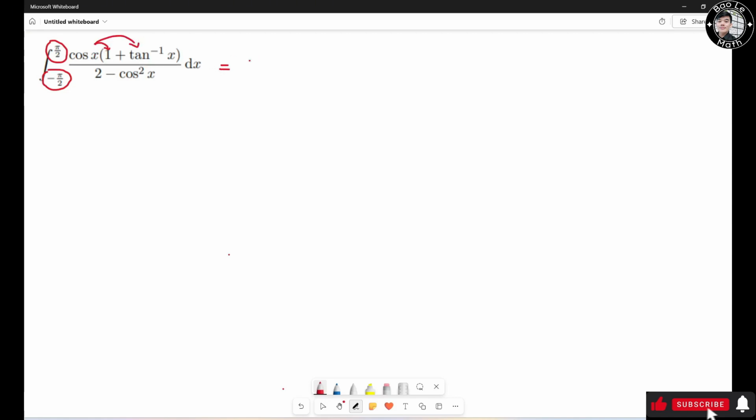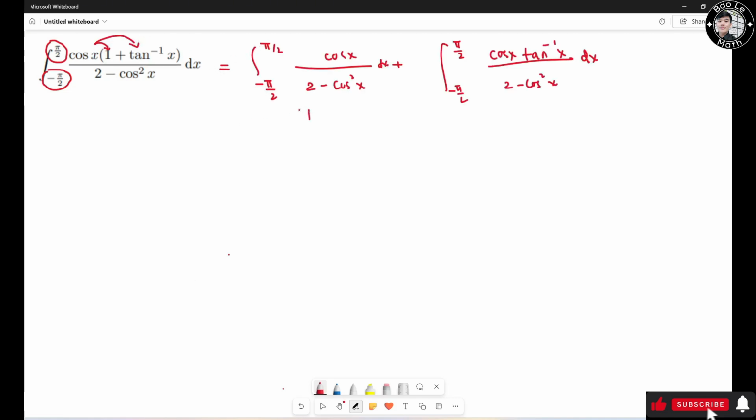This turns out to be, now I call this one I1 and this one I2. I need to calculate I1 first. I'm going to let f of s be cosine s over (2 minus cosine square of s).